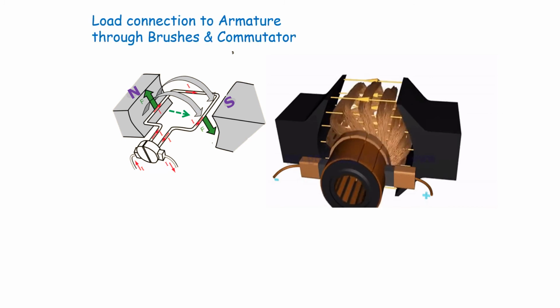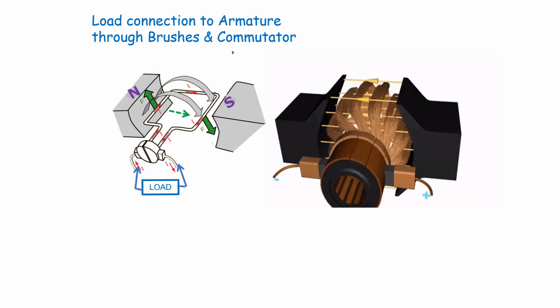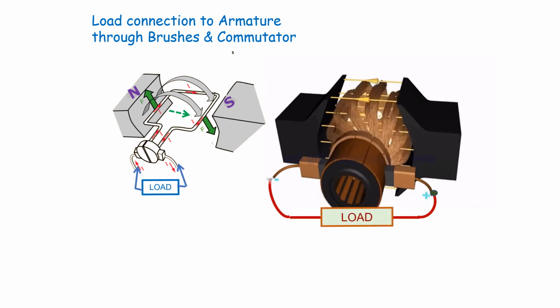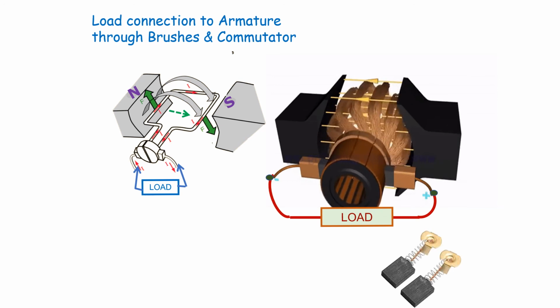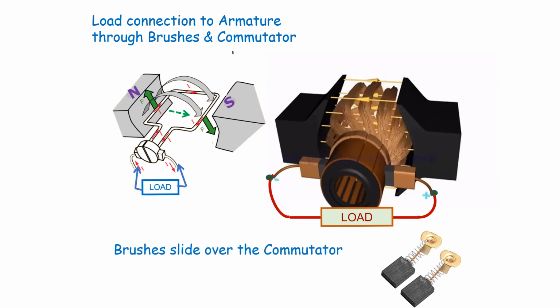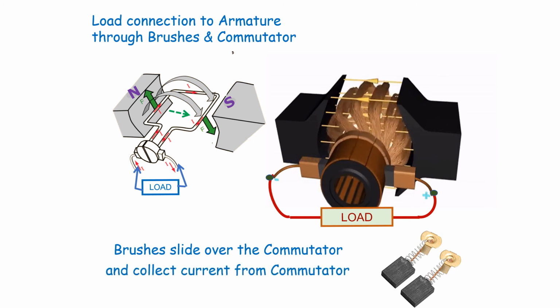You can understand the load connection to the armature through the brushes and commutator from these two figures. These are the two brushes which you can see. The brushes are sliding over the commutator and collect the current from the commutator.